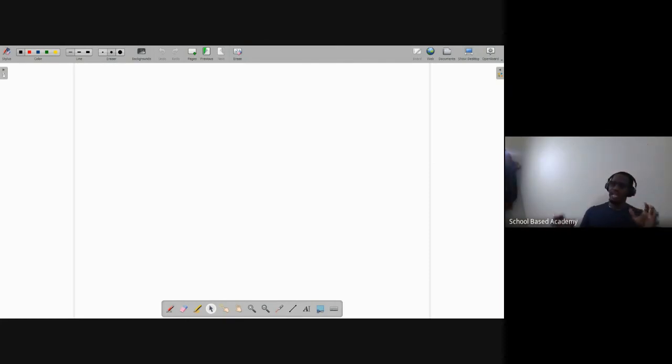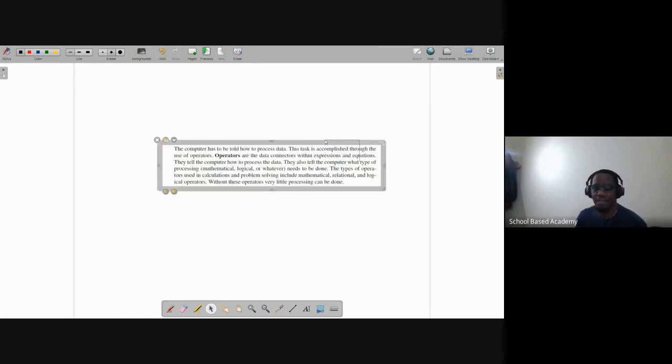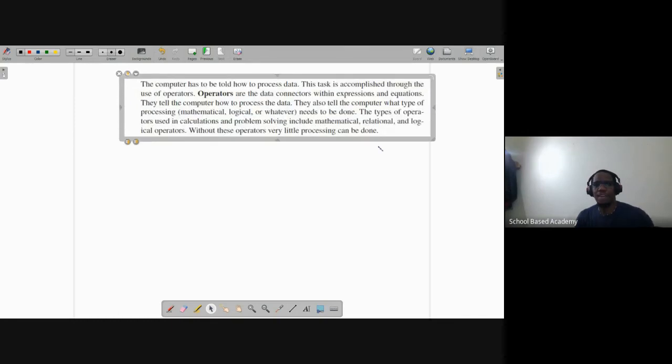All right, next up we have operators. We have three categories of operators that we use inside computers to make expressions, because we have to use these operators to process the data inside the computer. So what are operators?